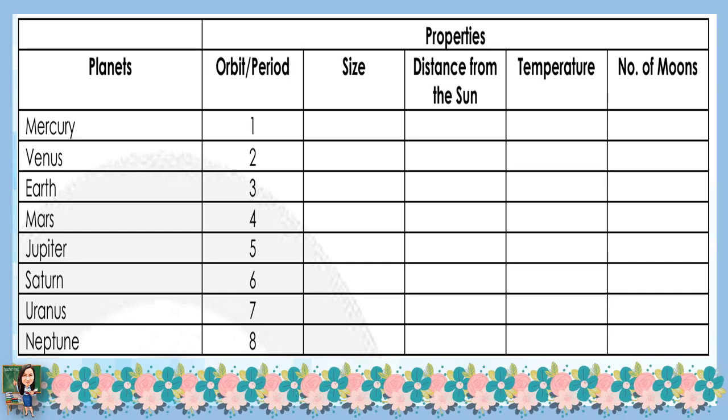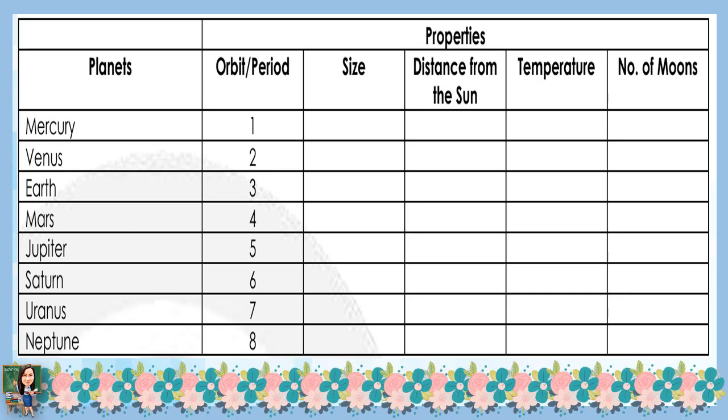For the orbit, from least to most, or in increasing order, Mercury is first, second is Venus, third is Earth, fourth is Mars, fifth is Jupiter, sixth is Saturn, seventh is Uranus, and eighth is Neptune.